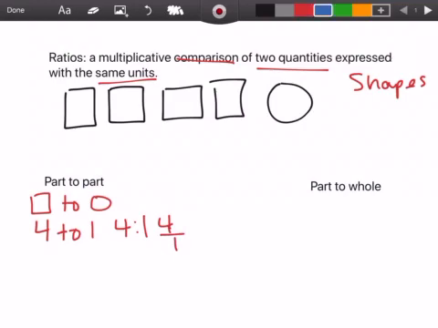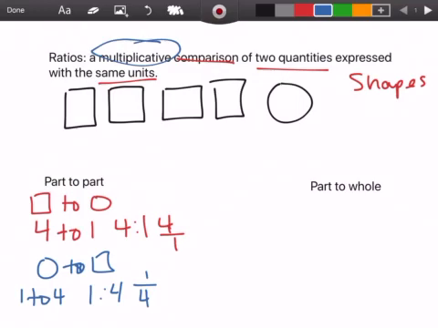We might also talk about the ratio of circles to squares. So that would be 1 to 4, 1:4, or 1/4. Now the multiplicative part of this comes into play here. If I wanted to ask what's a rule we could use to find the number of squares when I know the number of circles.